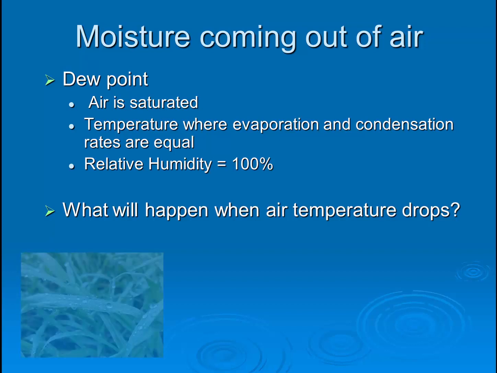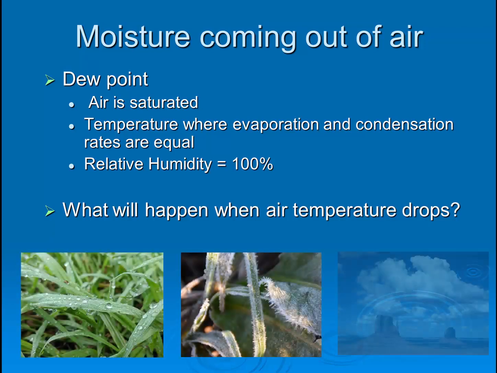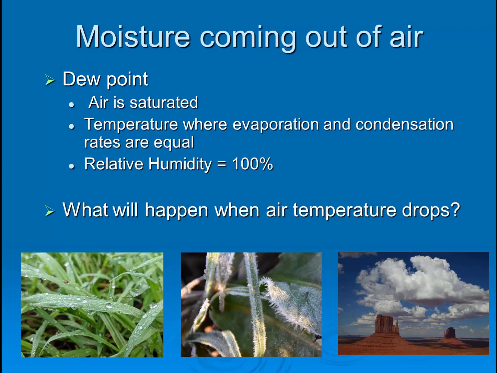Well, pretty obviously, we'll start to see dew. Maybe if it's in the winter and the dew point is below the freezing point of water, we'll cut straight to having deposition and frost will appear. Alternatively, if it's higher in the atmosphere, we may see the formation of clouds.